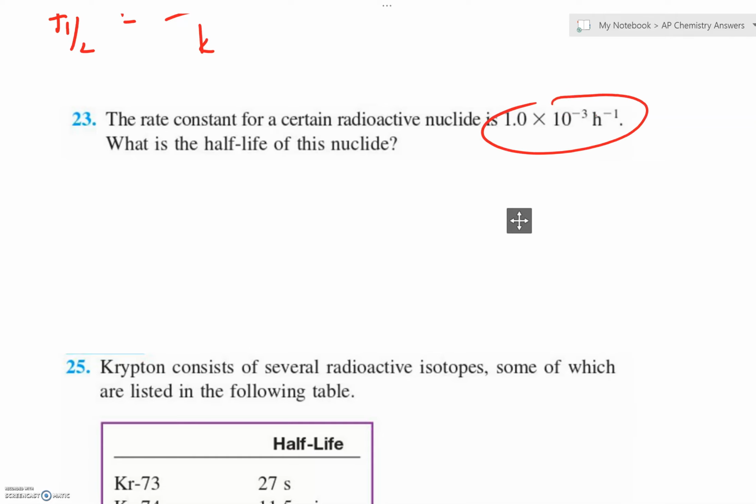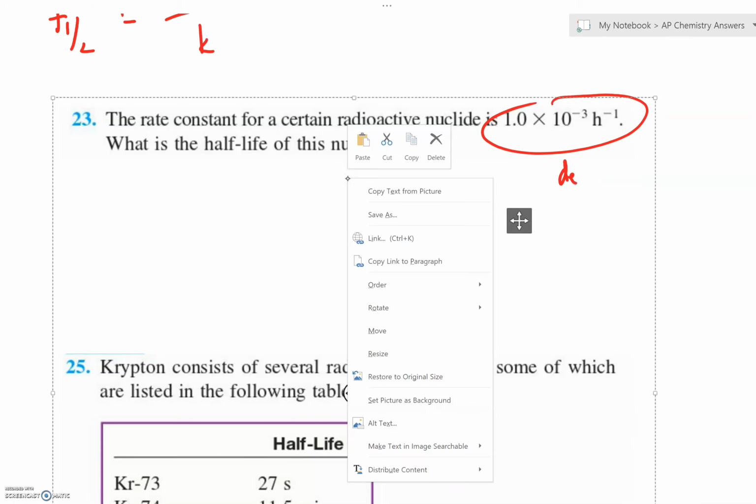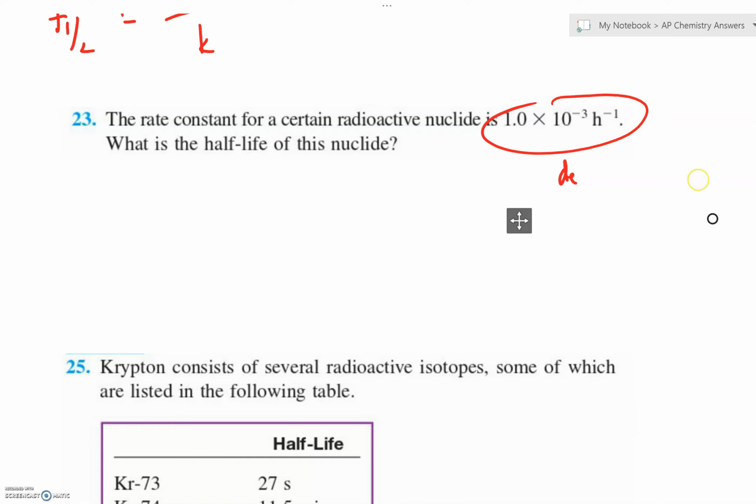That's why it's hours to the -1. What is the half-life of this particular reaction? In other words, how long does it take for half of whatever the mass is to decay to something else?